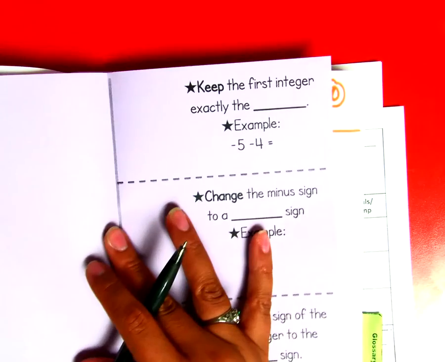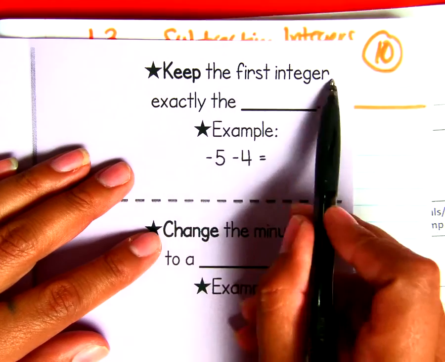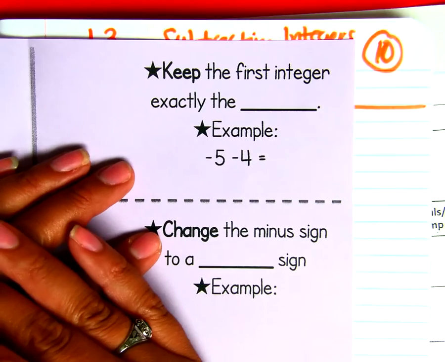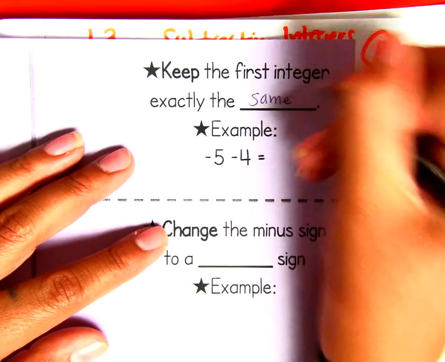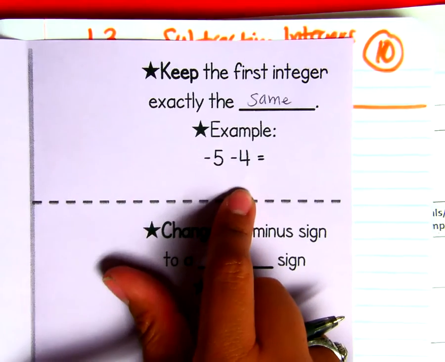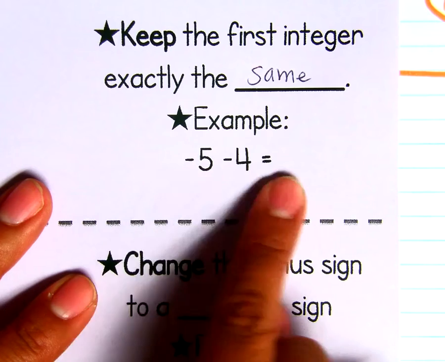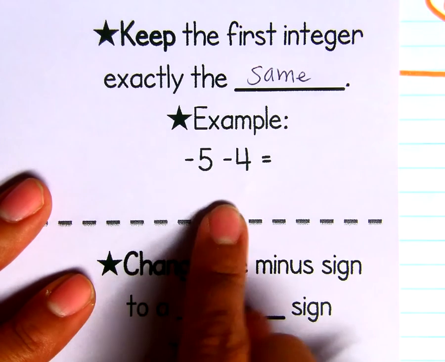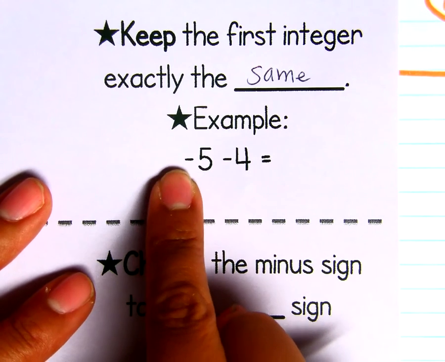Looking at the inside, it says keep the first integer exactly the same. Which one here is my first integer? It's a negative 5.